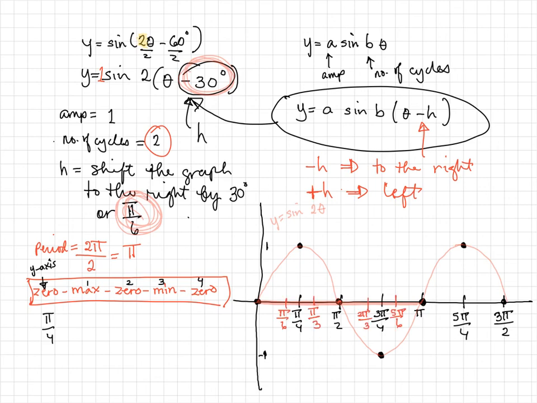So if you notice, I have added pi over 6, pi over 3, 2 pi over 3, pi over 6. The reason for that is I need to shift the whole graph 30 degrees to the right. So in shifting, I will start with the first point, and what I just need actually is just the first point. I will just need to count how many points or how many spaces I need to move to the right.